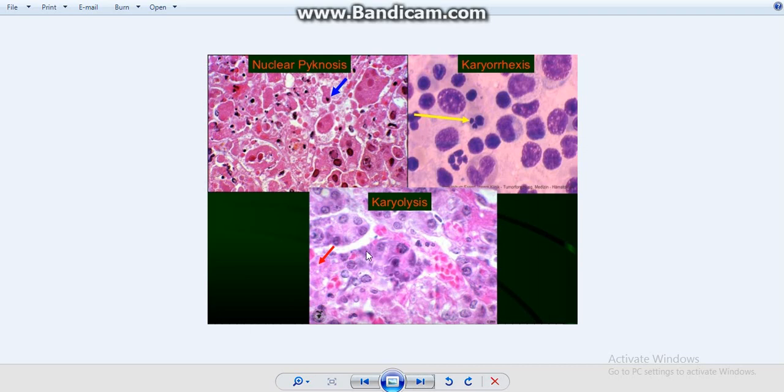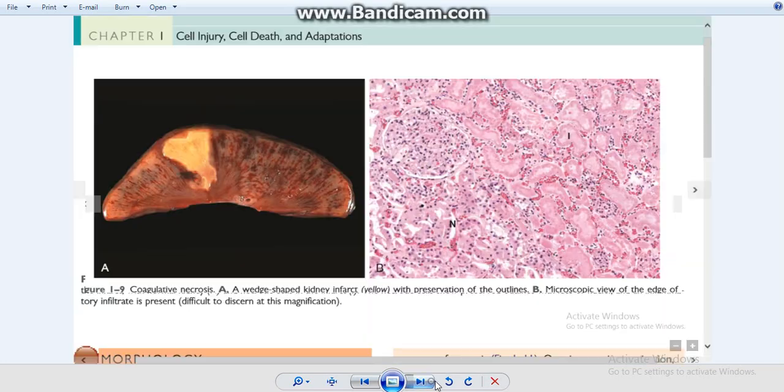Now, when we talk about necrosis, necrosis has a couple of types. They are really high yield, really important to understand and know: the difference between each type, such as coagulative necrosis, liquefactive necrosis, etc. So we are going to talk about each one of them in detail. First, we're going to talk about coagulative necrosis.